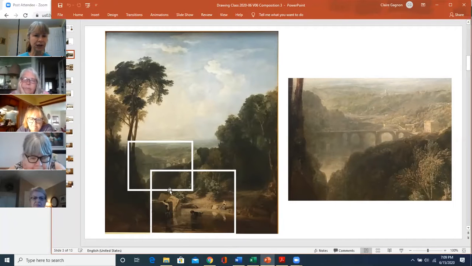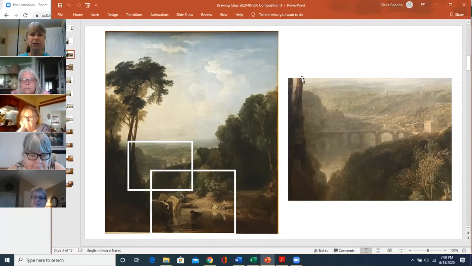So this section here is this. And when you look at what I have on the right-hand side, it's almost a painting on its own. So within a very large painting, if you look very closely, you can see a painting within a painting.